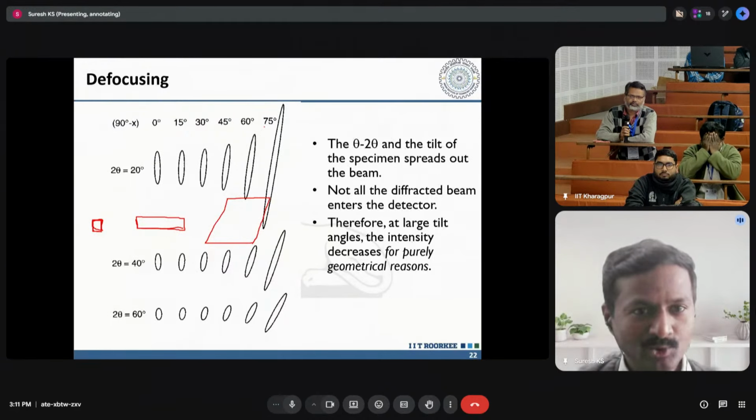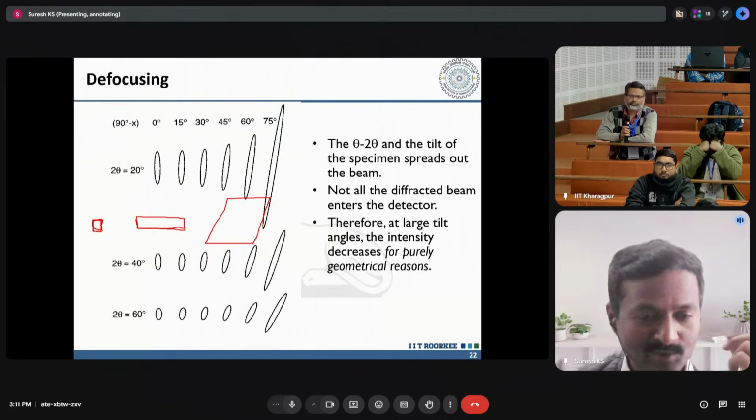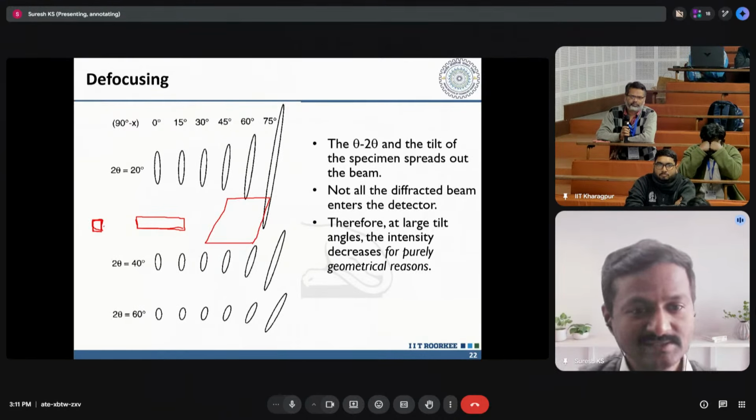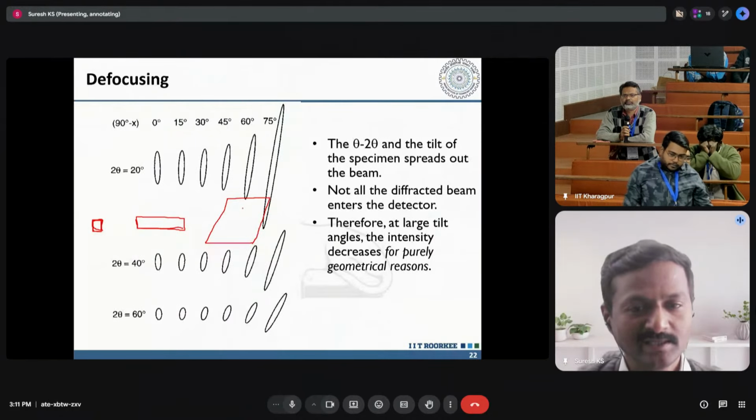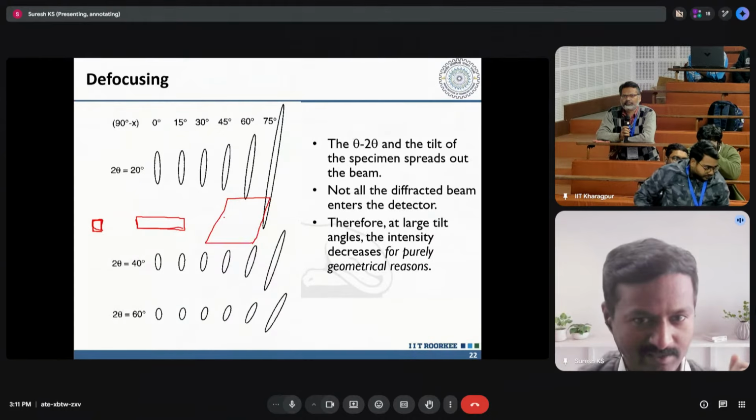But when I am at lower theta and very high tilt, many of these X-ray photons now will fall outside of the sample. So initially, if I am using a majority of the photons for the diffraction event, in this particular case I am using only a small fraction of these X-ray photons for the diffraction event.